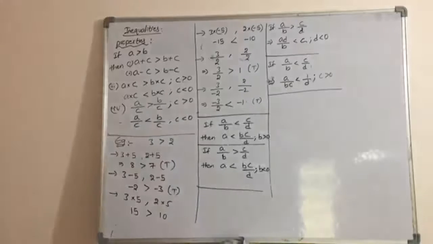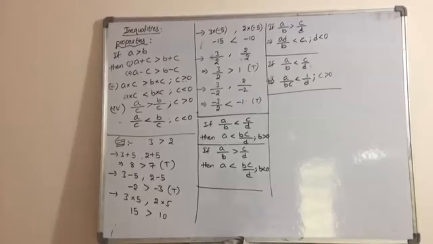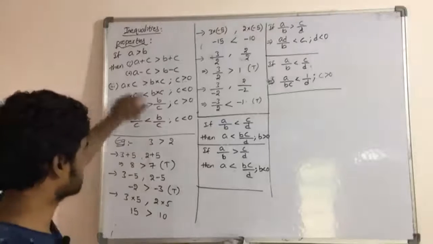Any doubts till here? Okay, always remember that when you multiply with a positive number on both sides, the inequality remains the same. But when you multiply with a negative number, the inequality gets reversed.